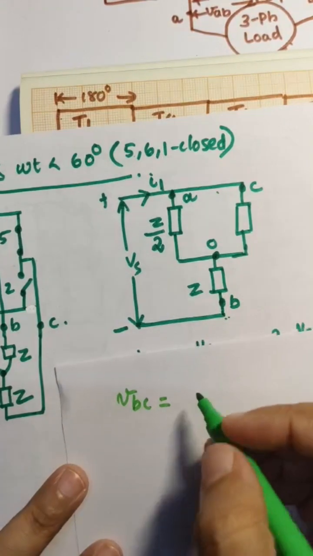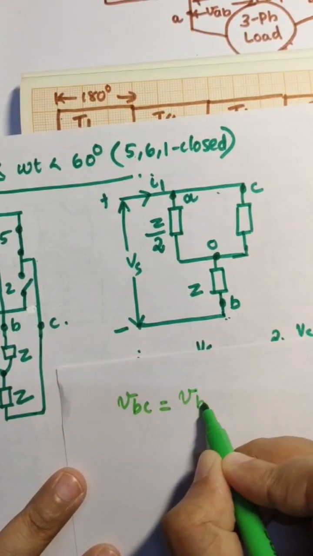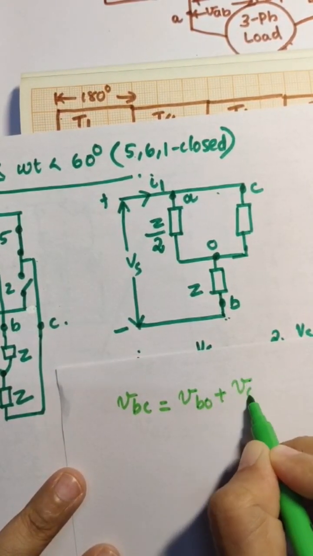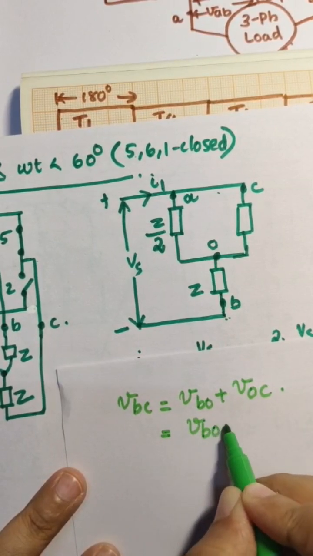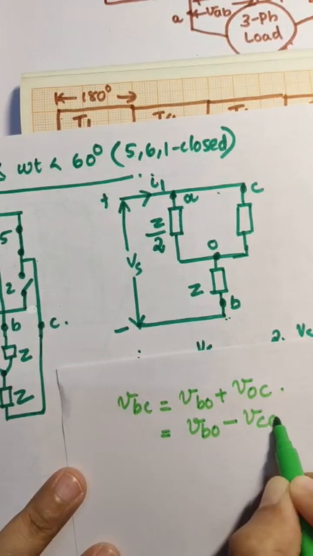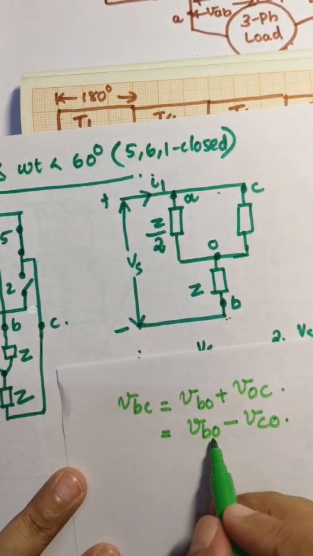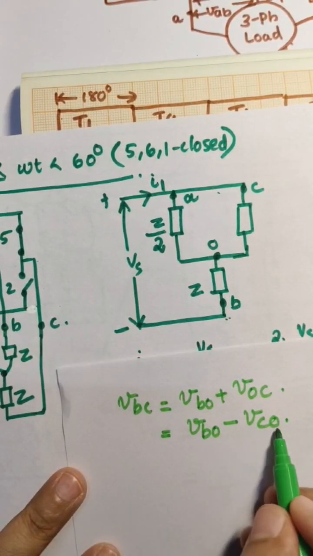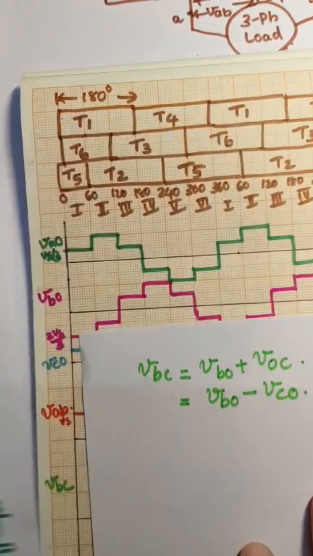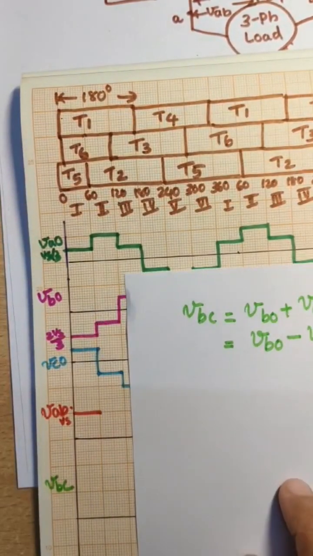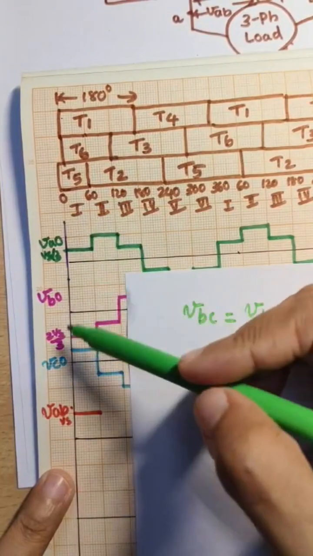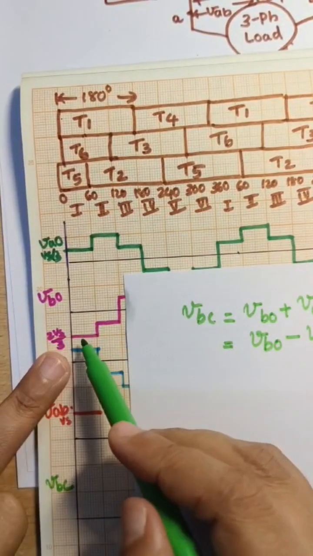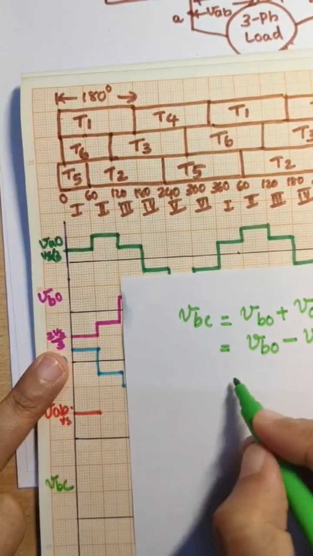So VBC is equal to VBO plus VOC, or we can write it as VBO minus VCO. Then substitute the values for VBO and VCO. In the first step, VBO is minus 2 Vs by 3.